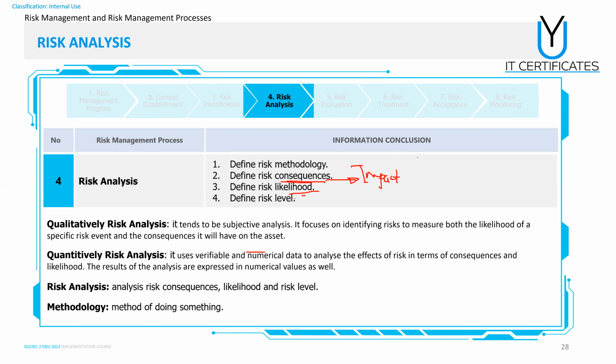For example, we define that any impact value less than 10K is one step, or between 10K and 20K, or between 20K and 40, or between 40 and 60, and more than 60. I will give these values 1, 2, 3, 4, 5.